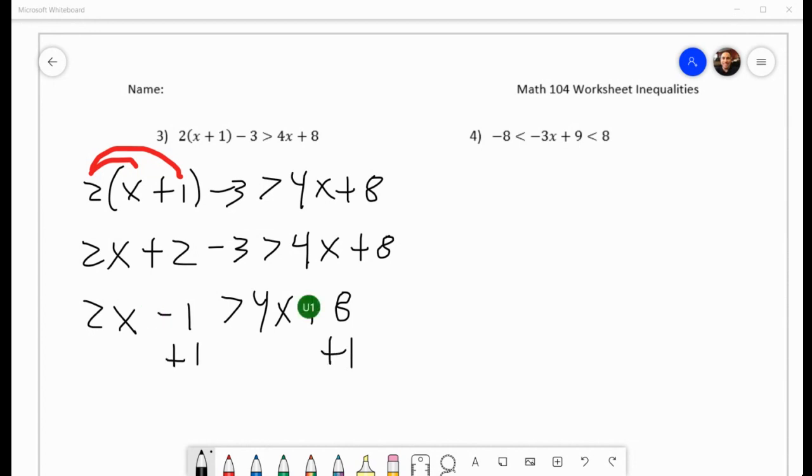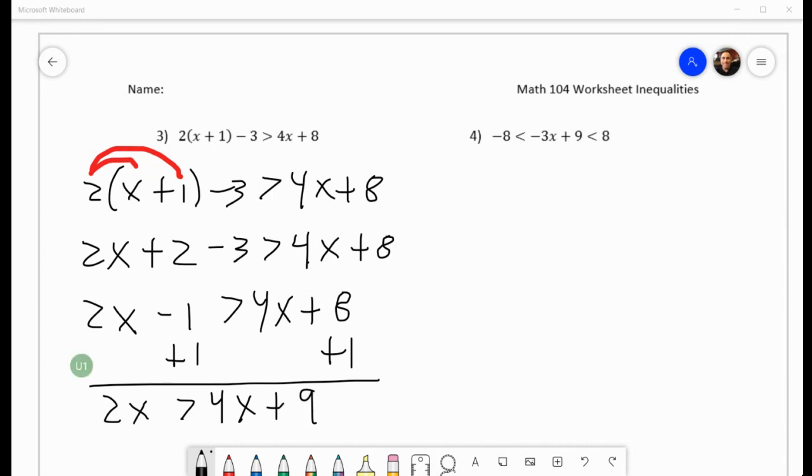If you don't do it necessarily in this order, that's fine, because if you do everything correctly, you'll get the right answer. And so we add 1 to both sides. We have 2 times x greater than 4 times x plus 9.